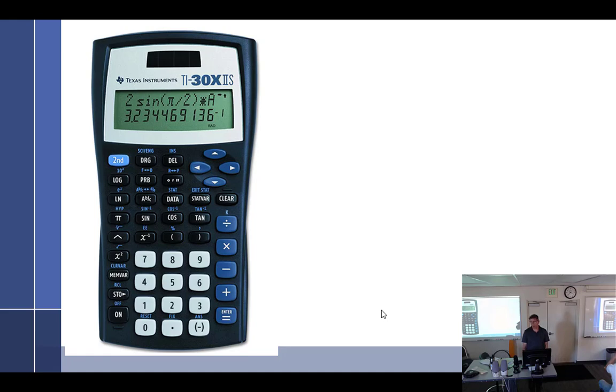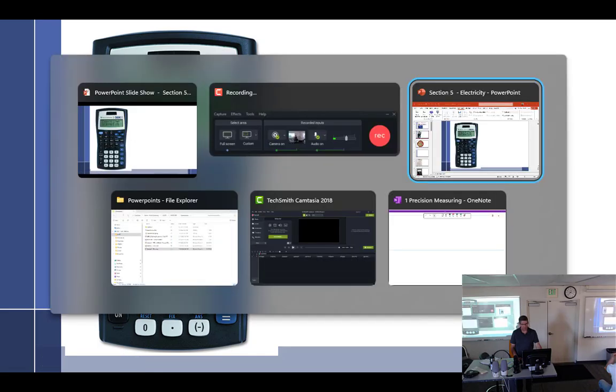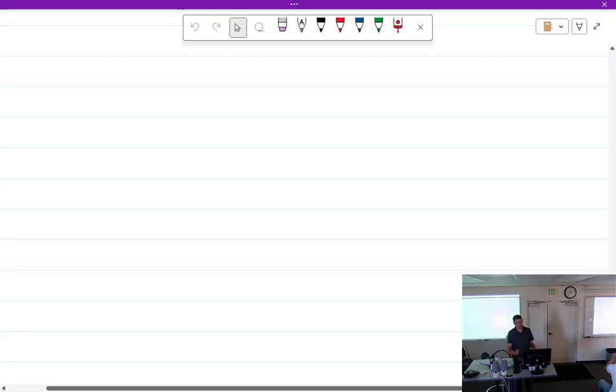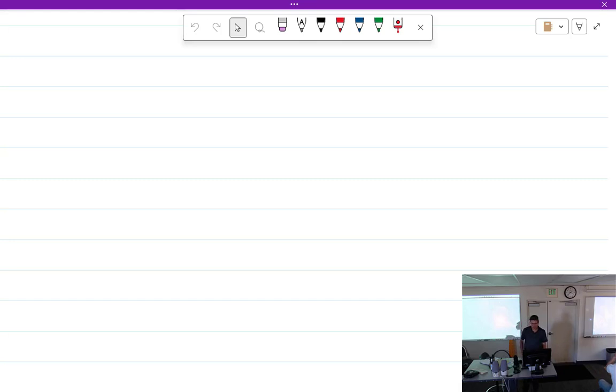What I do with that is right before the test, I bring up a blank board and I'll ask you guys, what formulas do you want for this following test up on the board? And I'll write every formula you want up on the board. So you don't have to memorize formulas, but you have to know how they work.